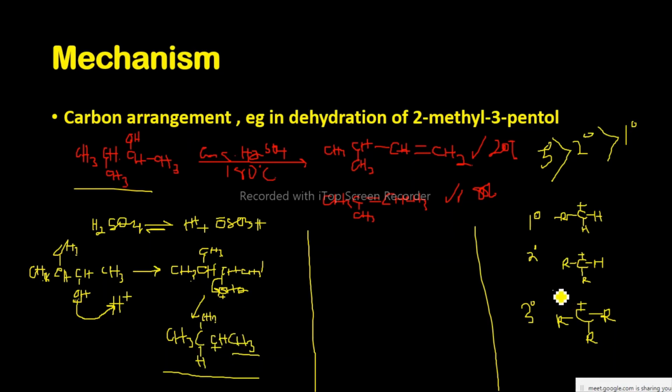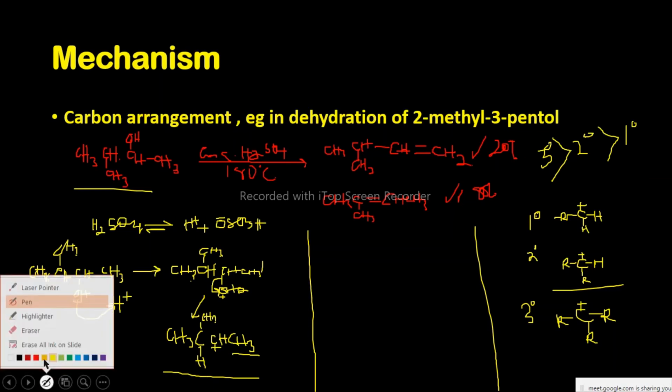Now, there is a possibility of forming a tertiary carbonium ion, and a tertiary carbocation is more stable than a secondary carbocation. So how are we going to form it? Let me get a pen here, it may be red.